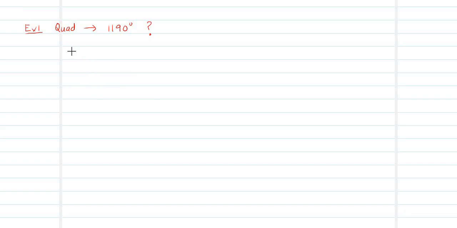First we will divide 1190 degree by 360. We can find 3 as quotient and 110 as remainder.